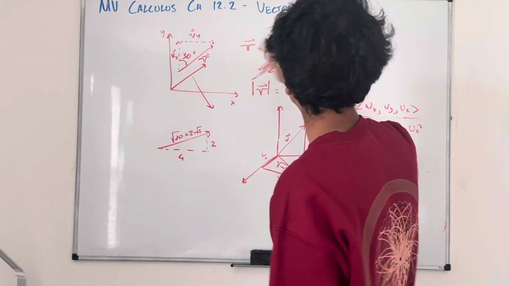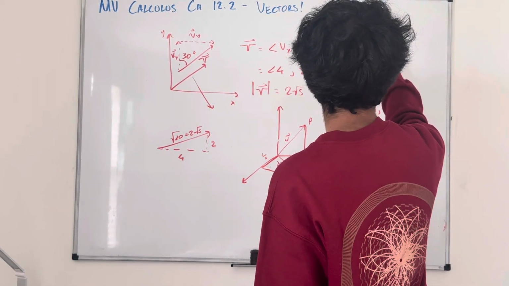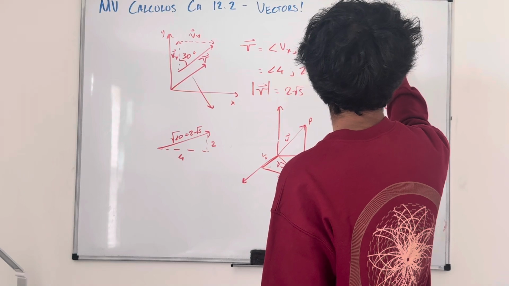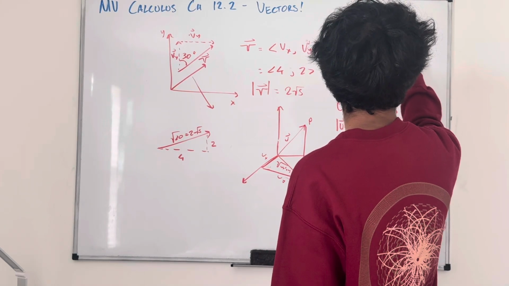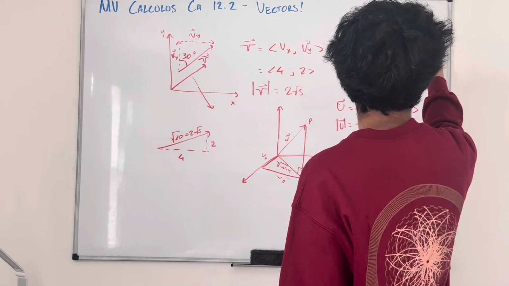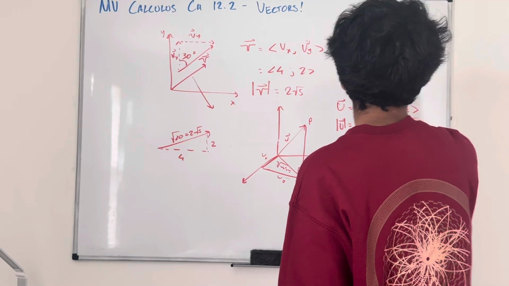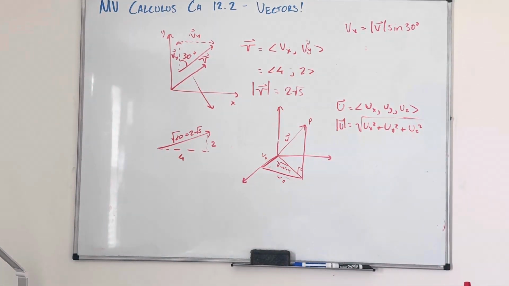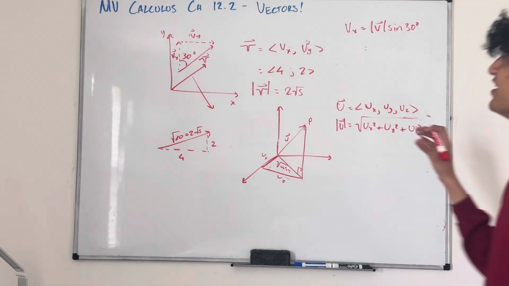But I know Vx is just going to be the magnitude times sine 30, right? In this case, sine 30 degrees is 1/2. So, wow, wait. Okay, yeah.